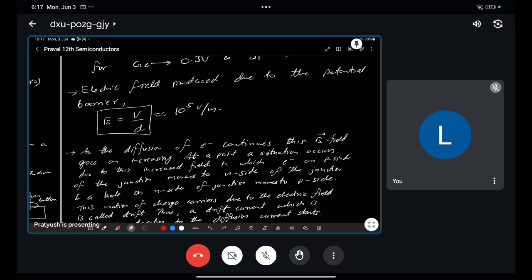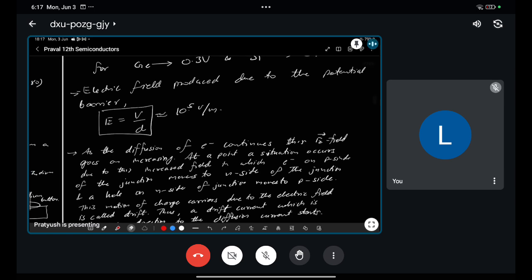Okay. At a point, a situation occurs due to this increased electric field in which an electron on the p side of the junction moves to the n side of the junction, and a hole on the n side of the junction moves to the p side. This motion of charge carriers due to the electric field is called drift.